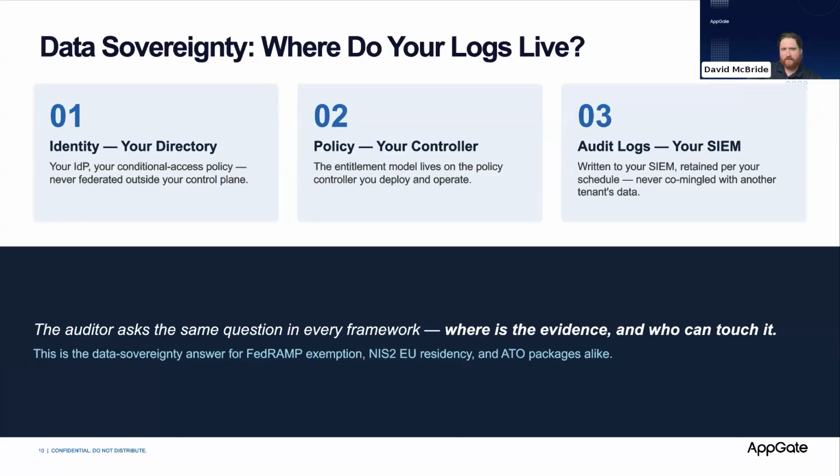The auditor's question is just always the same, no matter what framework they're operating under: where is the evidence and who can touch it? Evidence, evidence, evidence. With a direct routed ZTNA, the answer is pretty clean. Identities live in your directory, your IDP, your conditional access policy, federated to no one outside your control plane.